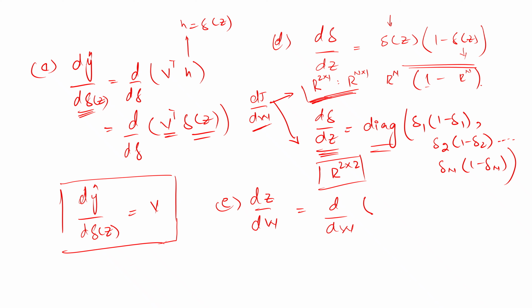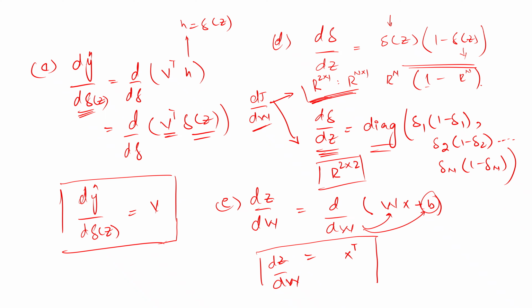We know z was wx plus b, right? Now deriving it with respect to w, the b term will be 0 and we will obtain x. dz by dw will be x transpose.